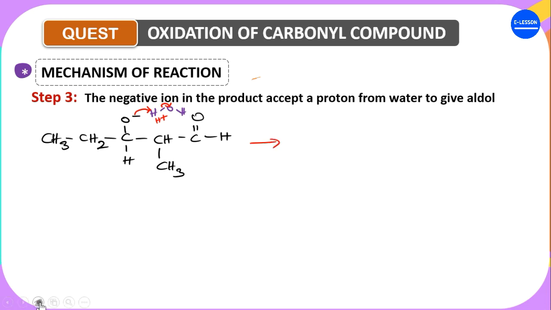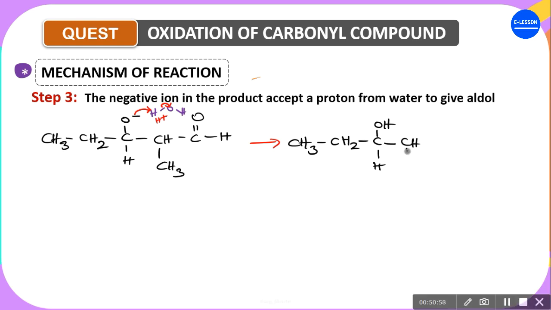So finally, the product of this reaction will be CH3, CH2, C, here will be OH, here will be hydrogen, here will be CH3, here is C double bond O, and here is H. And what is the name of this product?